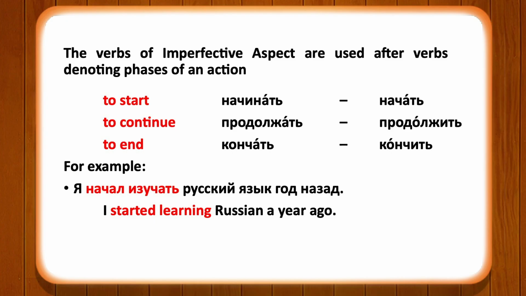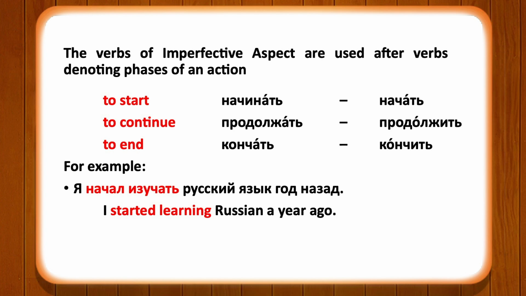To start in Russian is denoted by the verbs начинать, начать. It means to start. The second verb that you will be using with these verbs will be only of the imperfective aspect.